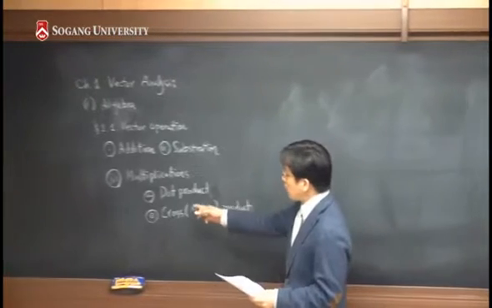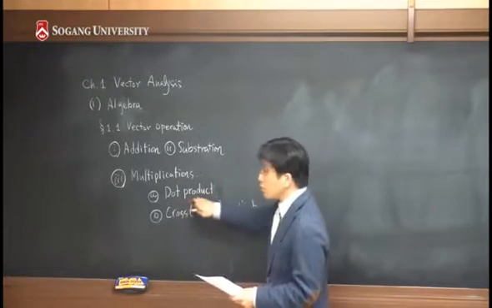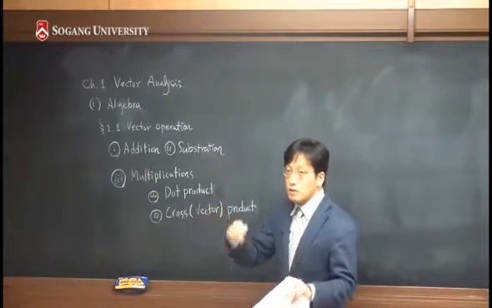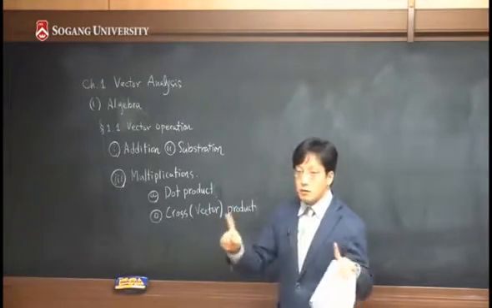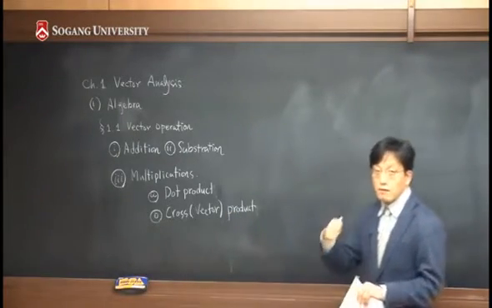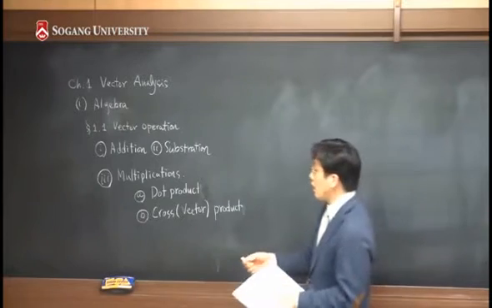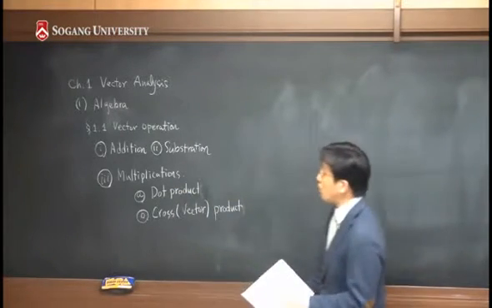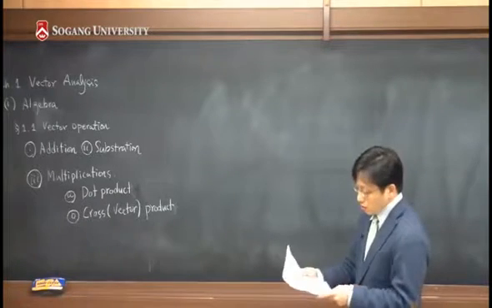The difference of these two is that the dot product of two vectors results in a scalar, and the cross product of two vectors results in a vector after the operations. That's the difference. And we saw how we denote it and how it can be calculated.